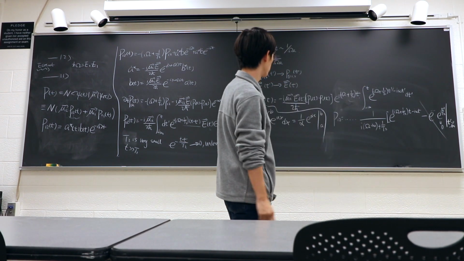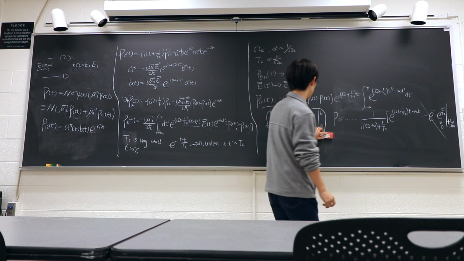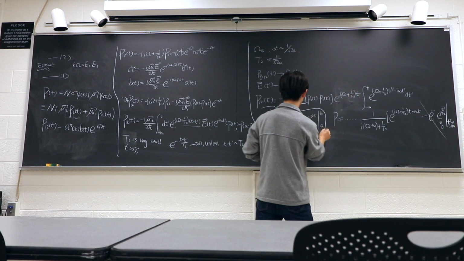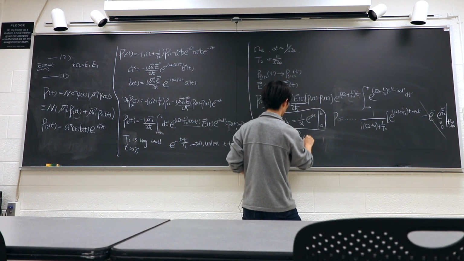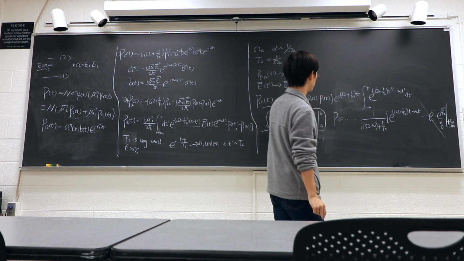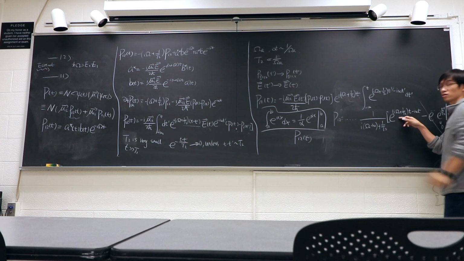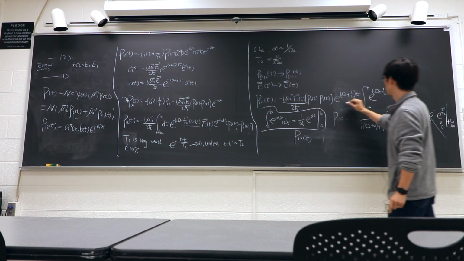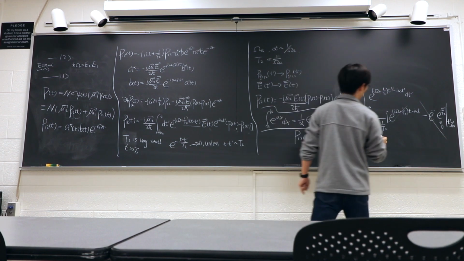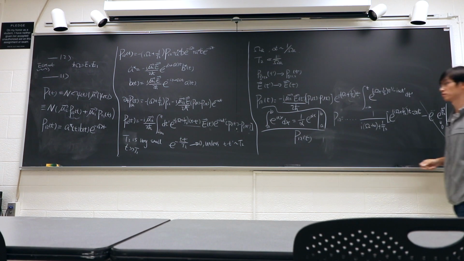So I think we can write it down, somewhere here. Okay. So P12. You plug it in, you see these two? This one and this one, they two cancel each other. Okay. And the only thing left is this one, minus I omega t.